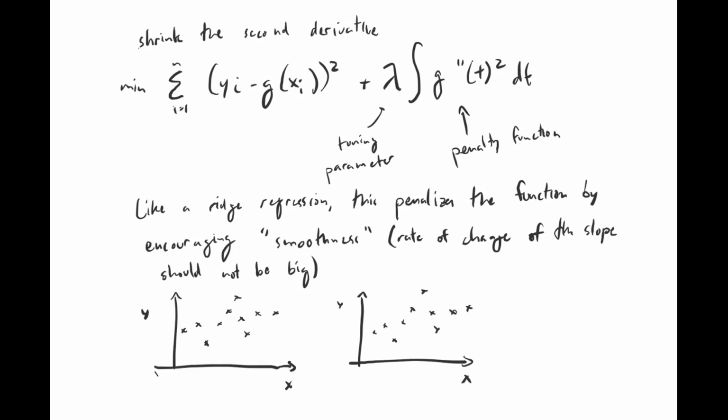So if I have a low lambda versus a high lambda, since I have a knot at every point, if my lambda is really low, I could get something like this. But with a high lambda, it might look something like that.